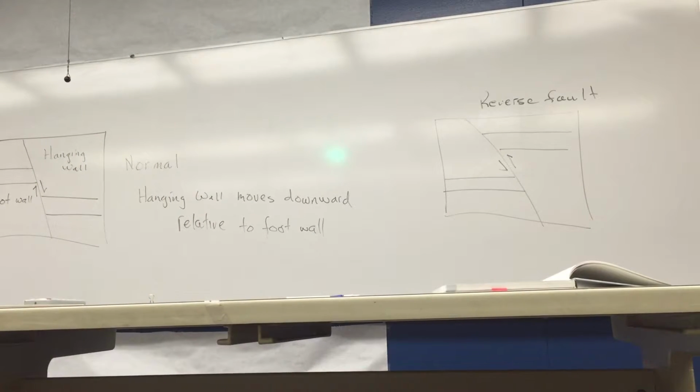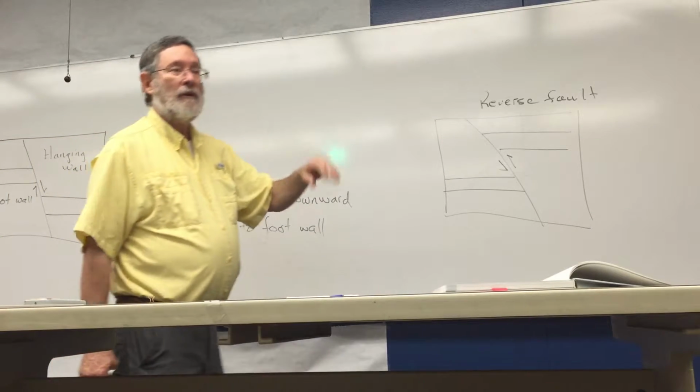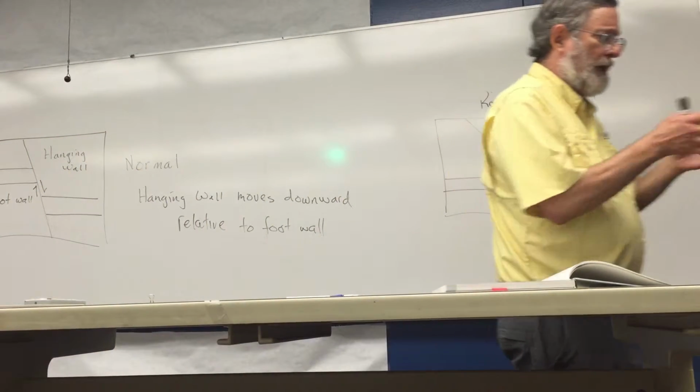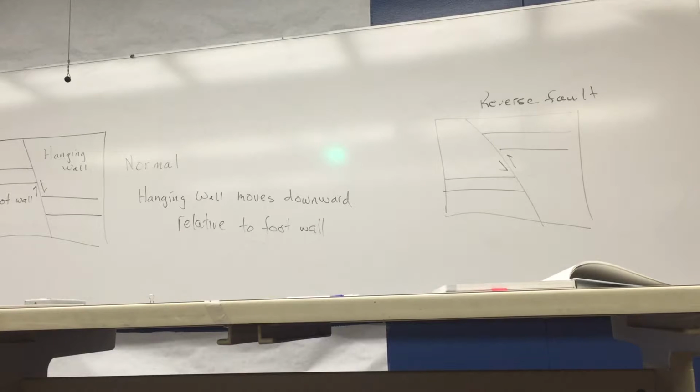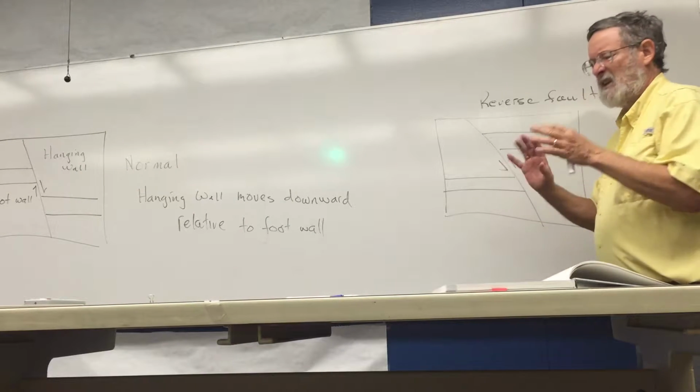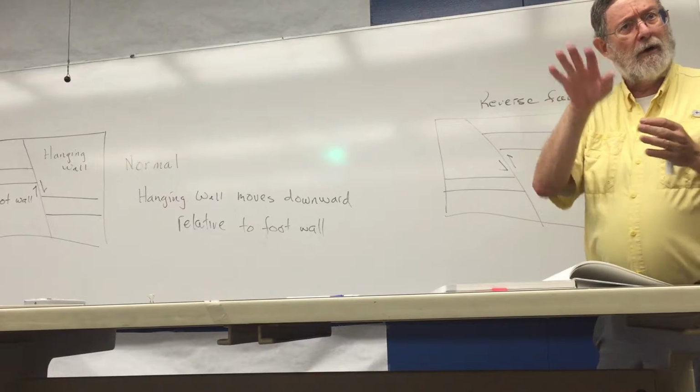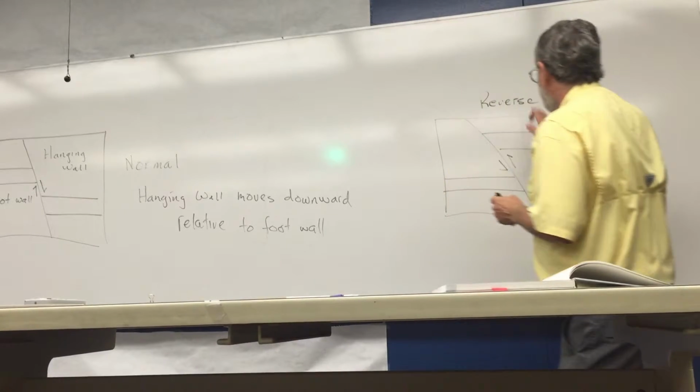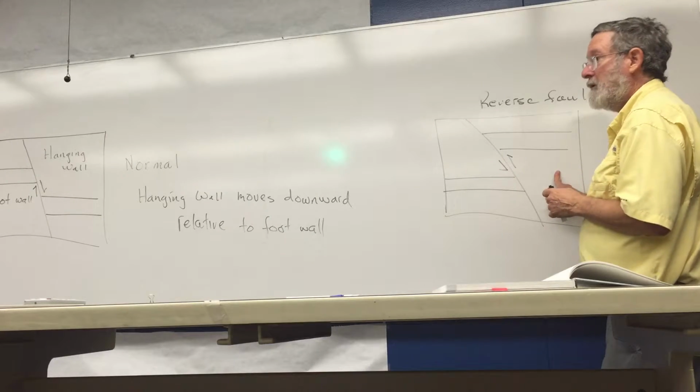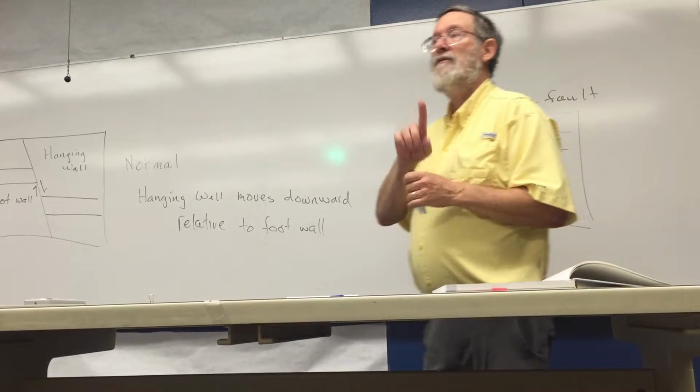Does that make sense? When we're looking at normal faults, we generally consider them to be relatively high angle faults, at least at the surface or near the surface, and we can identify a hanging wall moving down. In a reverse fault, again, we consider these to be relatively high angle. Dips on reverse faults may be 60, 70 degrees on the fault plane, and in the reverse fault, the hanging wall moves up relative to the foot wall.